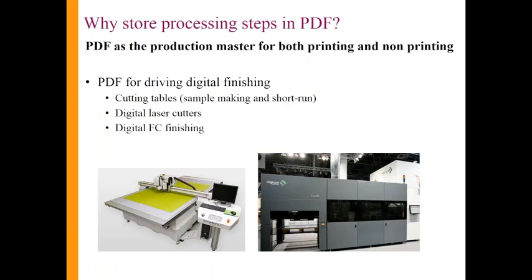And last but not least, more and more we also see the introduction of digital machines in the finishing part of the production flow. When the production master PDF contains both the printing and the non-printing data, PDF can be used to drive these digital finishing machines, be it cutting tables for sample making or short run production, digital laser cutter machines, or digital folding carton finishing equipment.